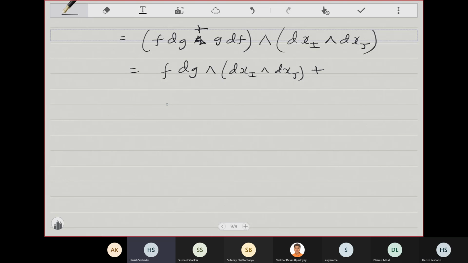So let's go carefully. And then I get this. And then the second term is g df wedge dxi wedge dxj.